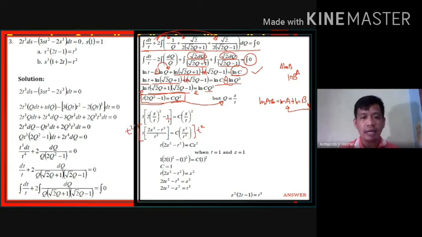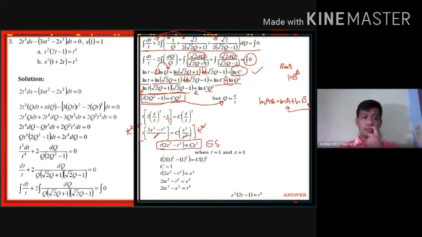Ang mangyayari, makakancel yung t squared dito sa t squared na to, at yung t squared dito, makakancel din sa t squared na yun. So, giving you t times the quantity 2s squared minus t squared is equal to cs squared. So, this will be our general solution.